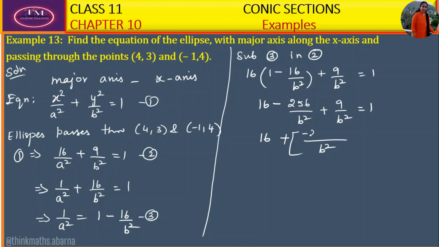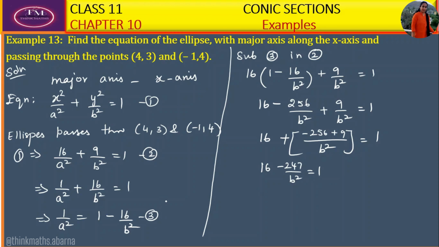So it will be minus 256 plus 9 equal to 1. So 256 minus 9 is 247. Here the negative sign is for the bigger number. So it will be minus 247 by b square equal to 1.